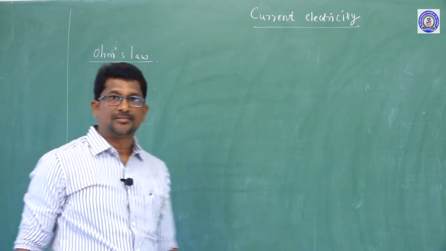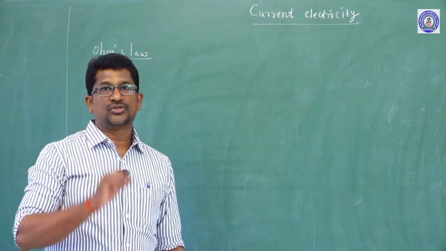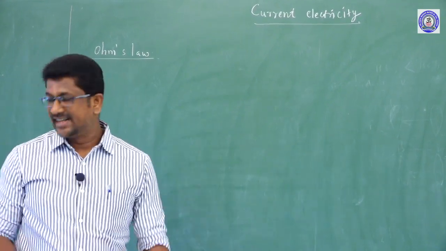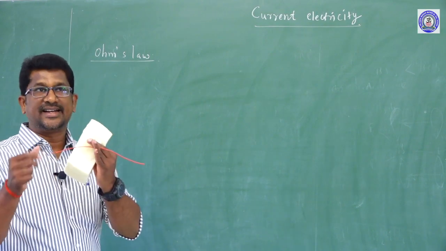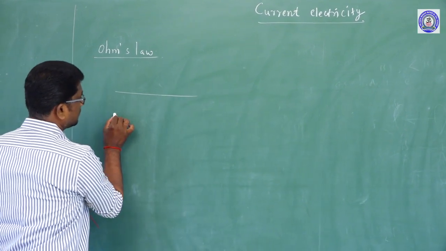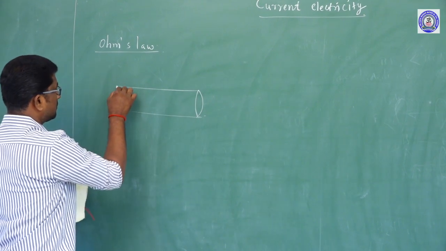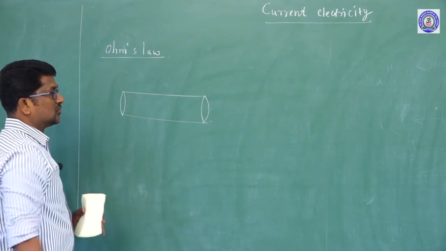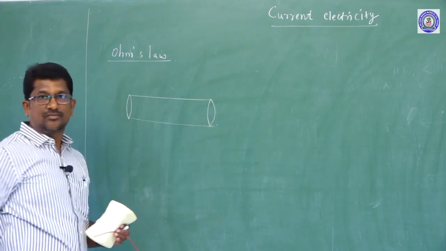Right, Ohm's law. Before going to this, let us consider a conductor, or conducting wire, having a uniform area of cross section.